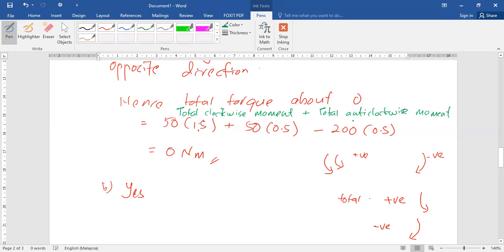Clockwise and anti-clockwise, one is positive, one is negative because of opposite directions.